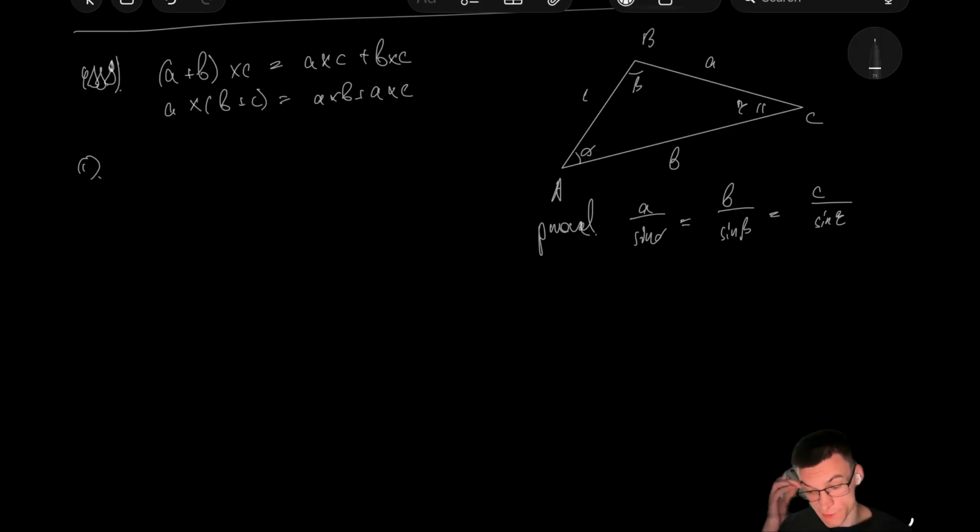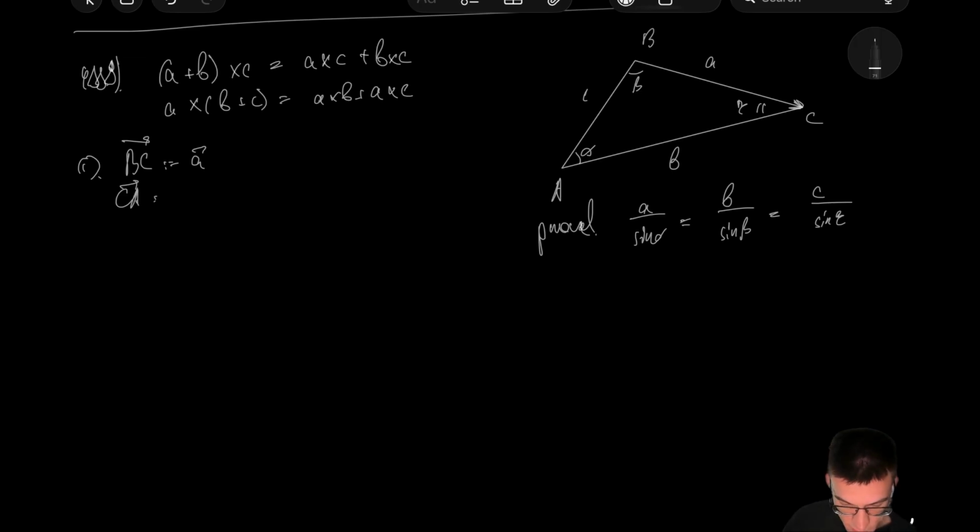So let's designate these vectors the following way. Let's say that vector BC is the vector A, and let's depict this on the picture like that. Then vector CA, let it be vector B, right?